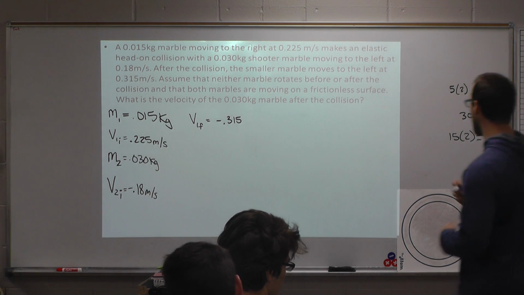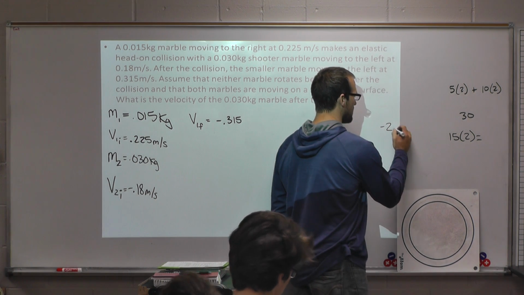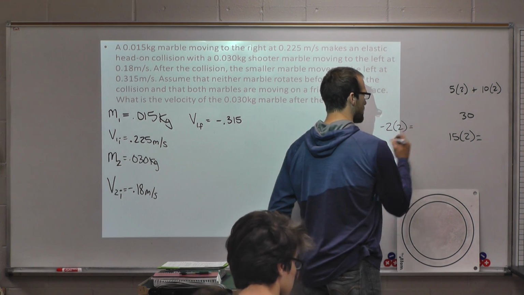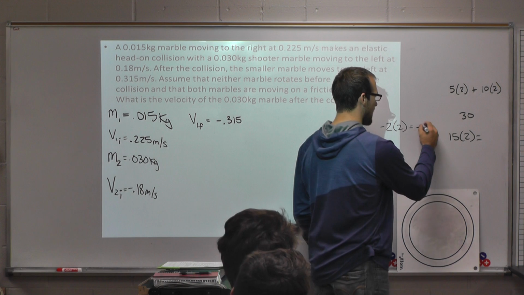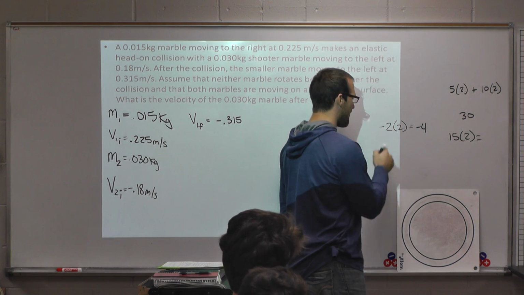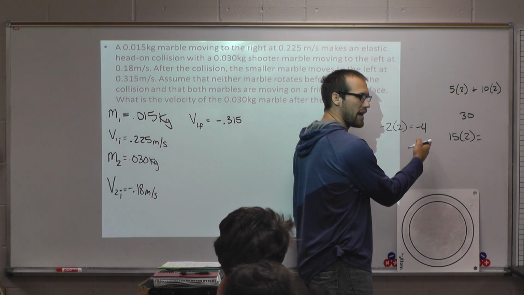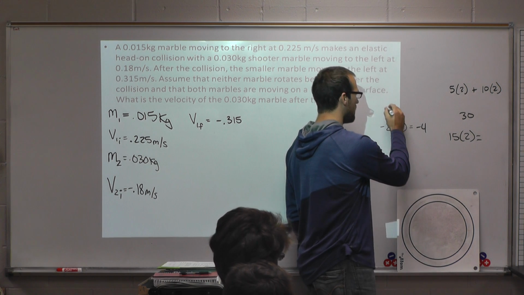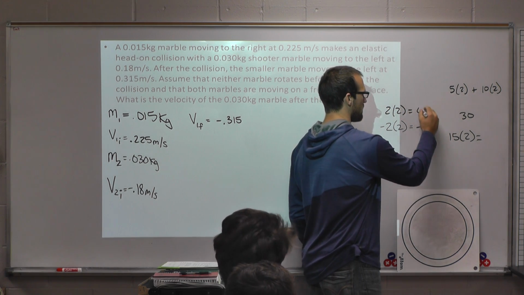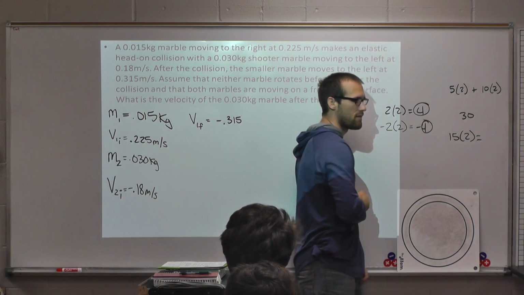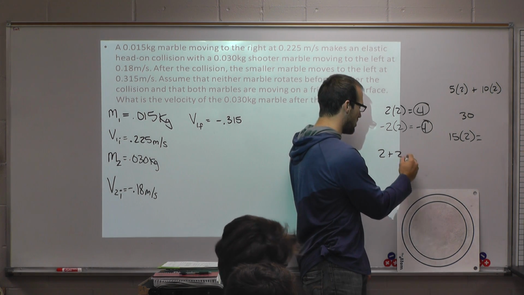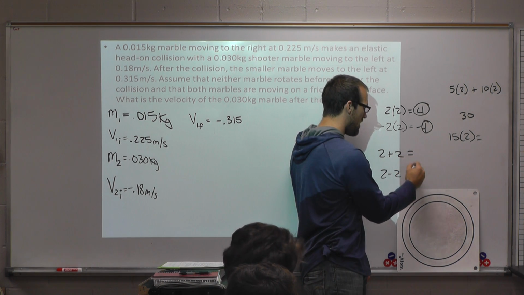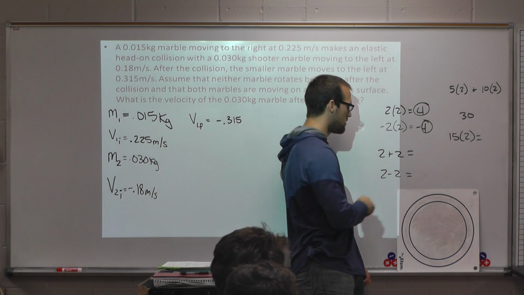For example, if I say -2 times 2, what's my magnitude? It's -4, but it's still 4. If I did 2 times 2, it's still 4, right? It just doesn't have a negative on it. The magnitude's still the same, right? But if I do 2 plus 2 versus 2 minus 2, are they the same magnitudes?